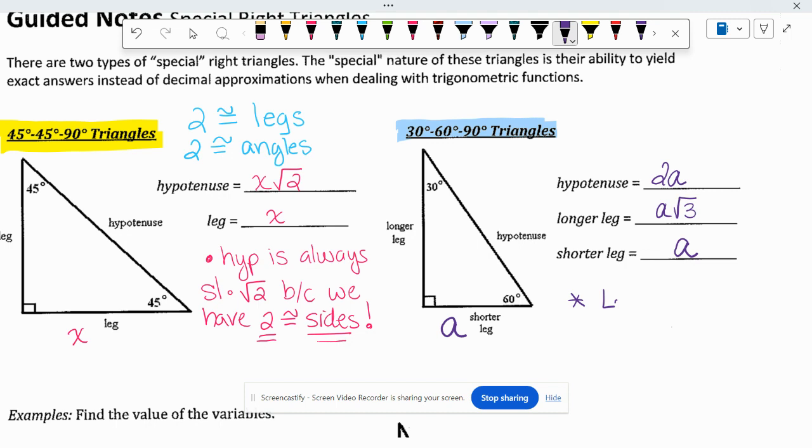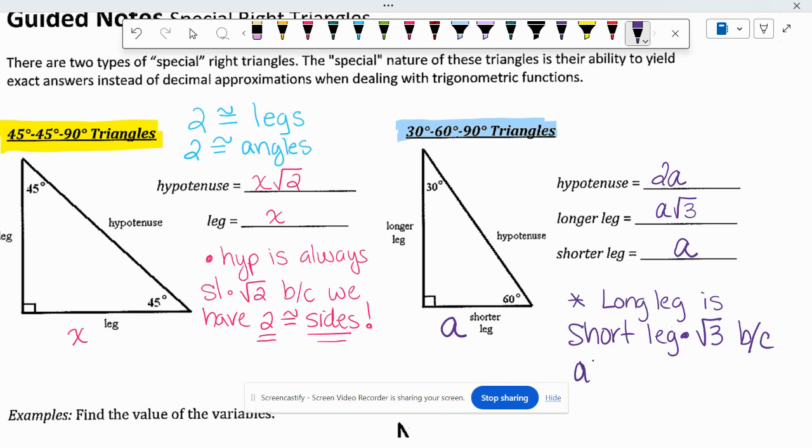I remember that the long leg is the short leg times the square root of 3 because, are you guys okay if I do B/C again?